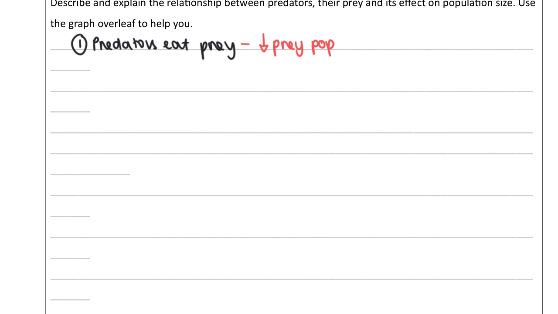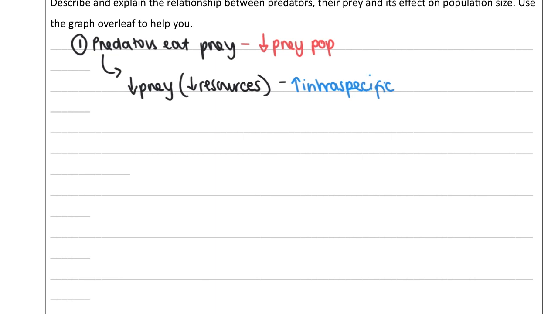But that in turn has an effect of reducing the amount of prey available. And that is our resource that we discussed in yesterday's lesson looking at competition. So if we've got less prey available, then we end up with an increase in intraspecific competition. And this is again that competition between individuals of the same species. So increased intraspecific competition in the predator population.